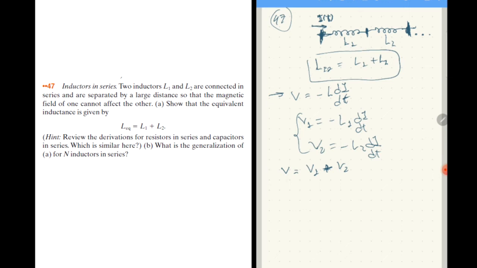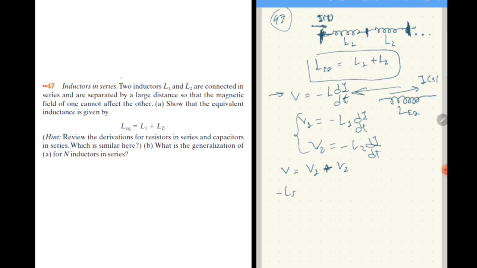And using the first relation, we can write the negative of the inductance, and this is actually the equivalent inductance, right? Because I'm assuming I have an equivalent inductor of this kind, and the current is passing through it.